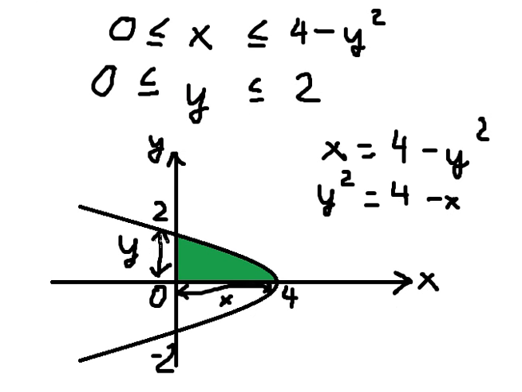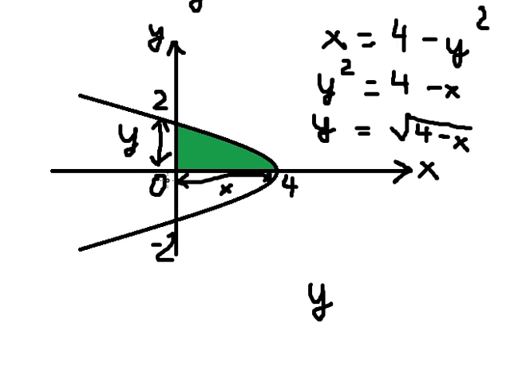Next, if we look on the graph, this one is positive. So when we put the square root on both sides, we have y equals the square root of 4 minus x.